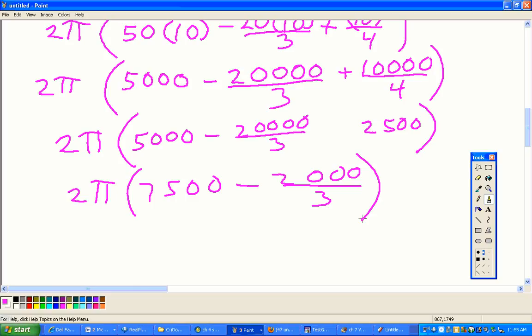I would like to get common denominators. I kind of did the whole numbers first. So this guy was missing a 3, so give him a 3. 7,500 times 3, 0, 15, 1, 22.